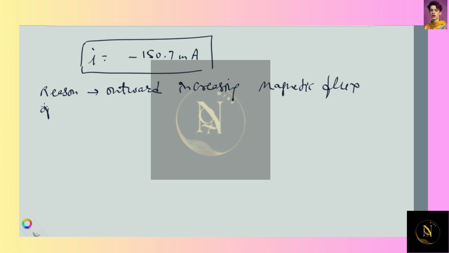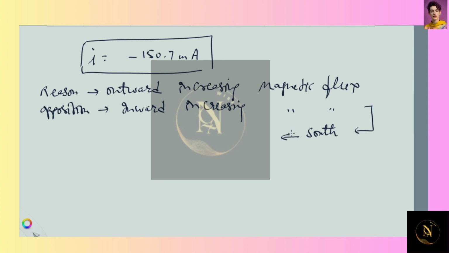So its opposition will be, as per Lenz's law, inward increasing magnetic flux. And we know magnetic field enters only into the south pole. So the direction of current in the coil will be clockwise.